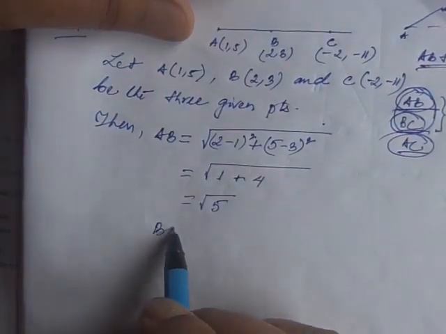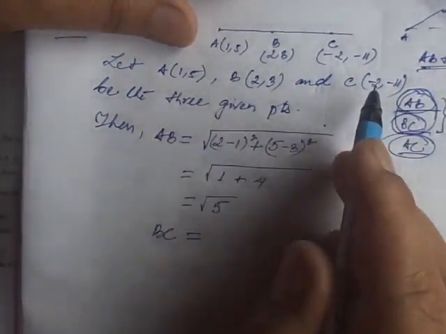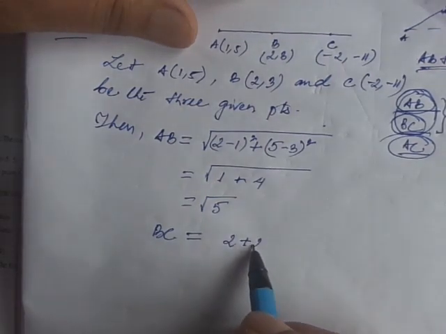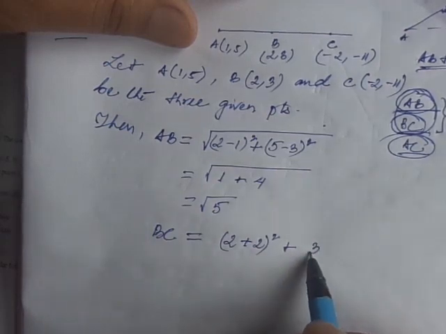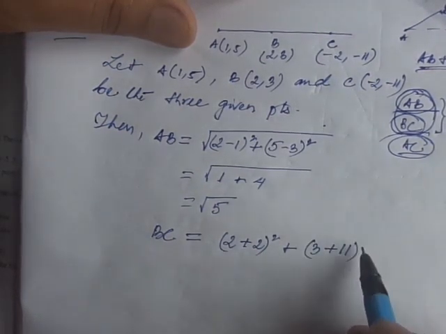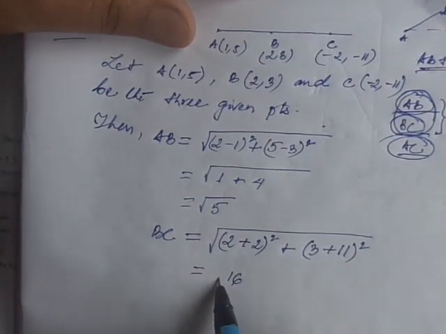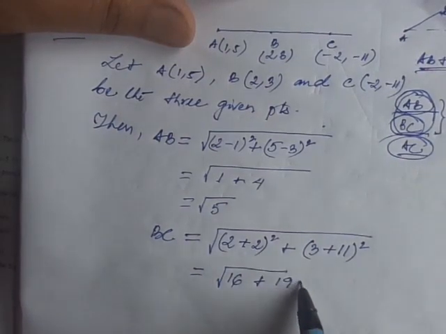And let's see BC. BC: 2 and minus 2, so the bigger one, 2, we write, minus (-2), it will become plus 2, so (2 plus 2) whole square, plus here 3 is bigger than minus 11, so 3 minus (-11) will come plus 14, like this. So this is equal to 4 square is 16 plus 14 square is 196.